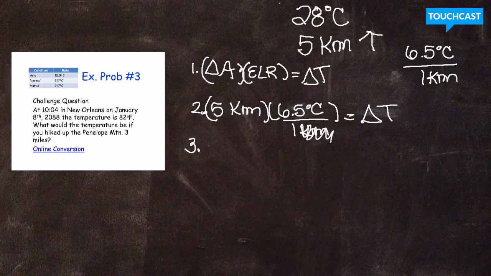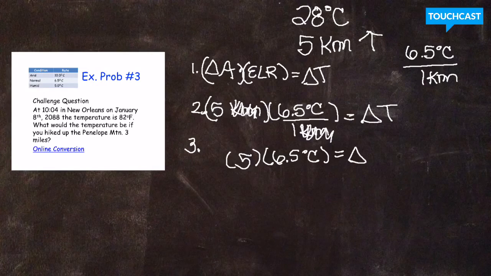So we get rid of kilometers, and we end up with 5 times 6.5 degrees Celsius equals the change in temperature. So that gives us 32.5 degrees Celsius equals the change in temperature.